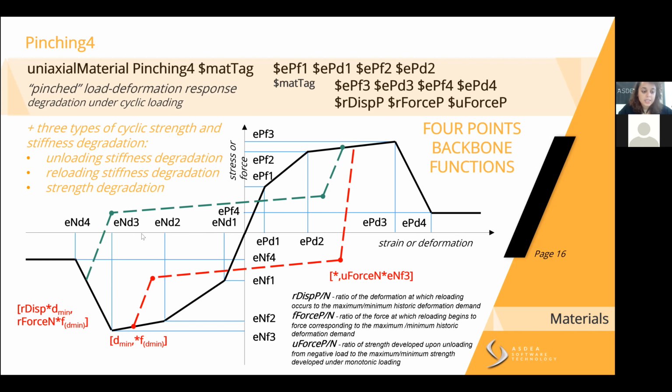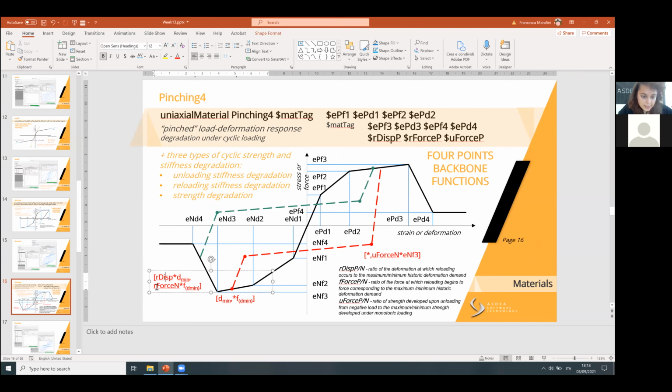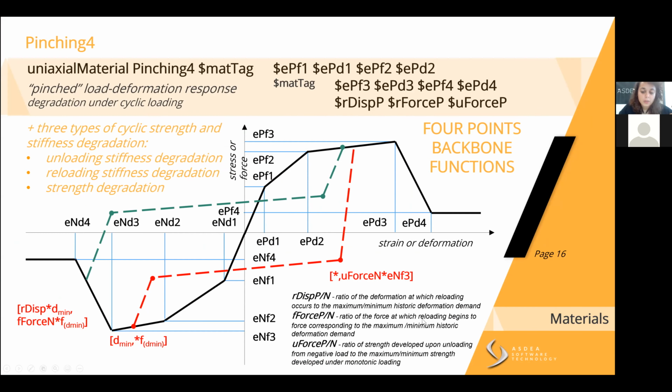For the y-axis, we have the ratio of the force at which reloading begins to the force corresponding to the minimum historic deformation demand. So in terms of force, multiplied by this exact value.